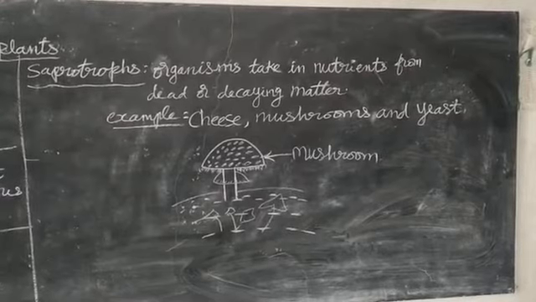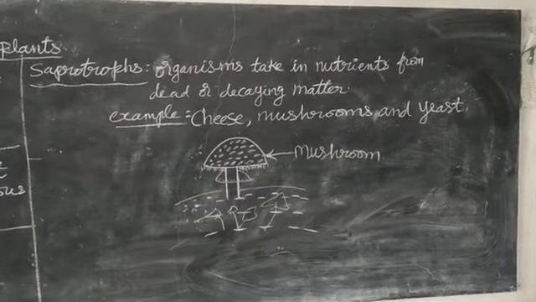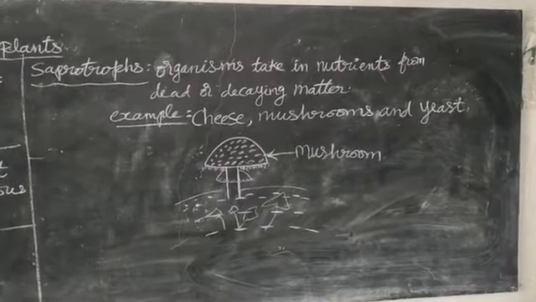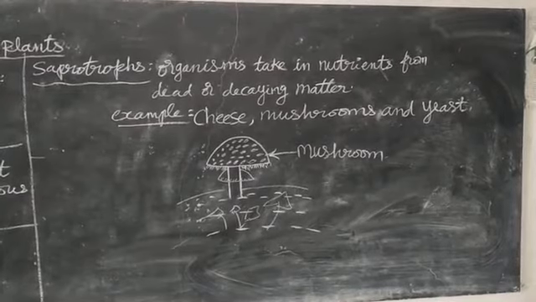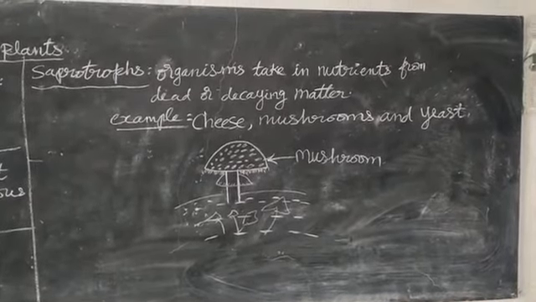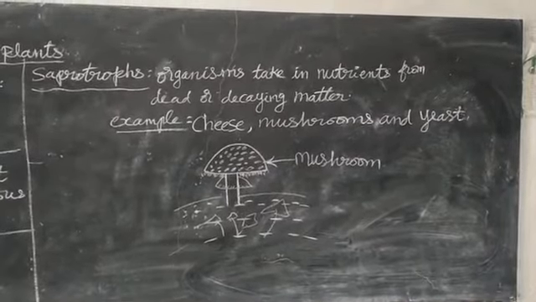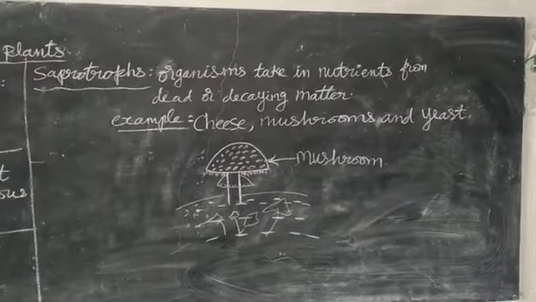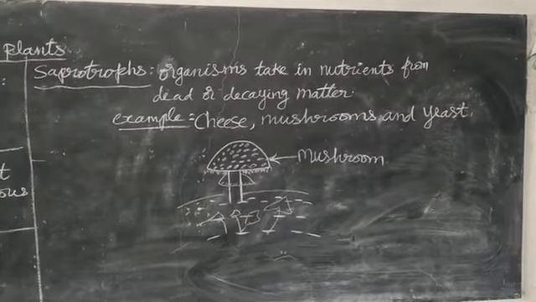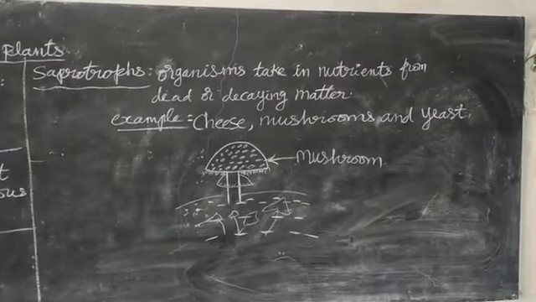They grow in a moist place. Moist means wet place. When you put water on that bread, the bread becomes wet. It becomes moist. After 2 to 3 hours, the fungi have grown. Such types of organisms are saprotrophs. They eat the bread. That is what saprotrophs means.